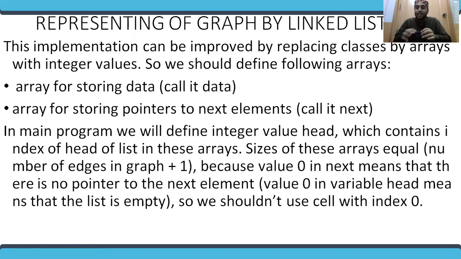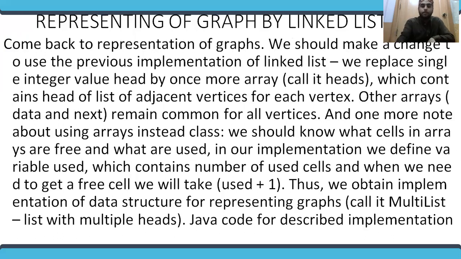These array sizes equal the number of edges in the graph plus one, because the value 0 in next means there is no pointer to the next element. Value 0 in head means that the list is empty. We shouldn't use the cell with index 0.